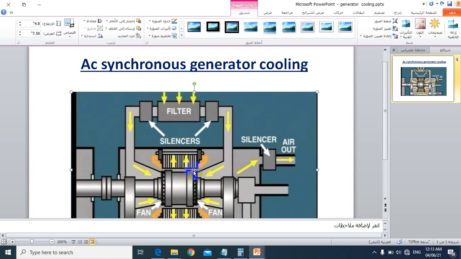Requirements for the cooling air. The air should be clean and free from dust. Dust will clog the ducts and reduce the area, which results in reducing heat transfer by conduction. Air filters are shown; the air must be clean and free of any dust.